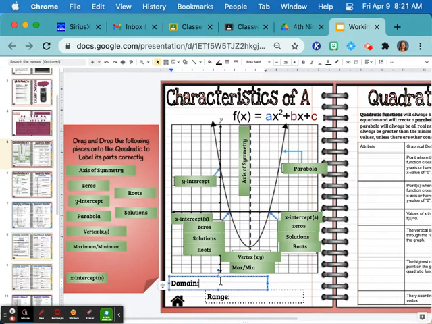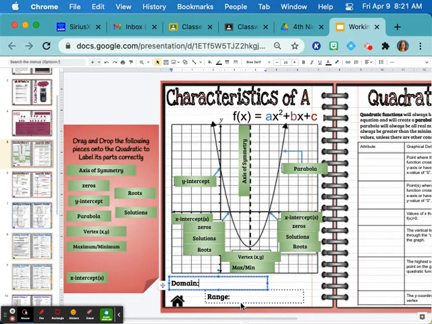What's our domain here? Domain is all possible x values. So what are the x values on here?